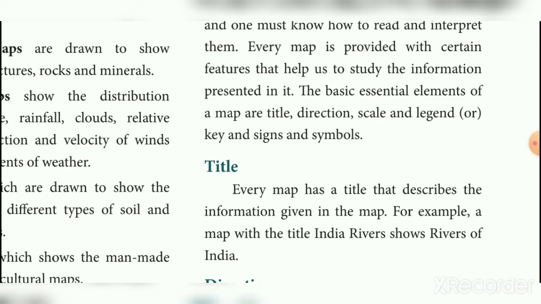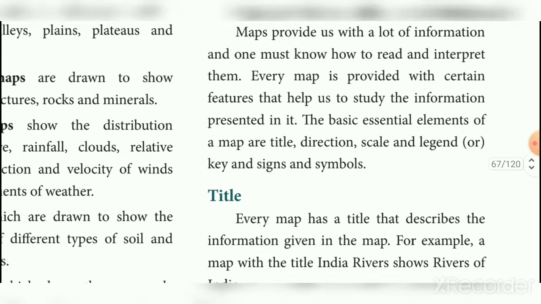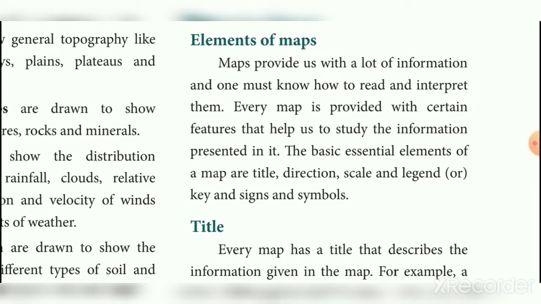Title. With the title, we can understand the theme of the map, such as a physical map, political map, or thematic map. Direction. Every map has a direction on the right corner. And scale. On the border, the map contains a scale.